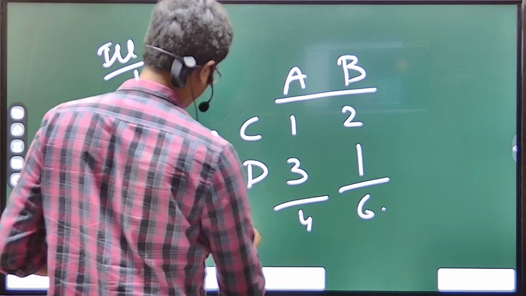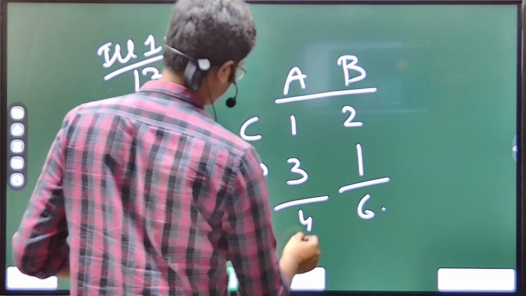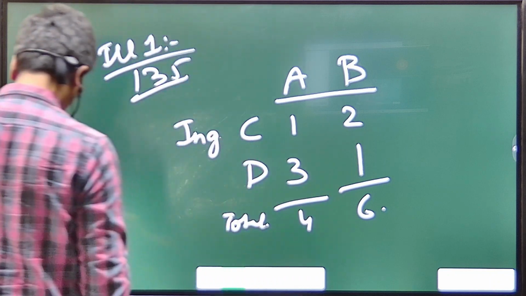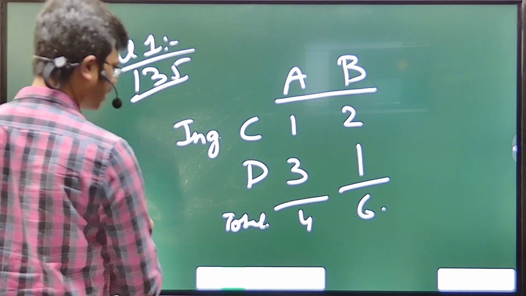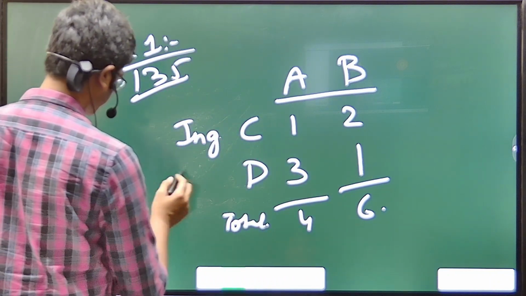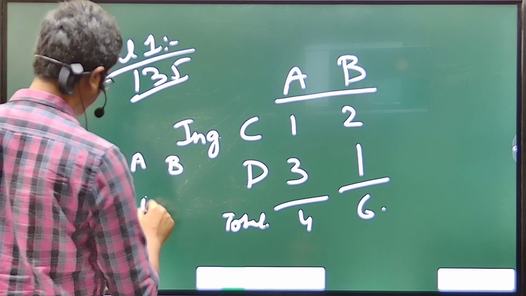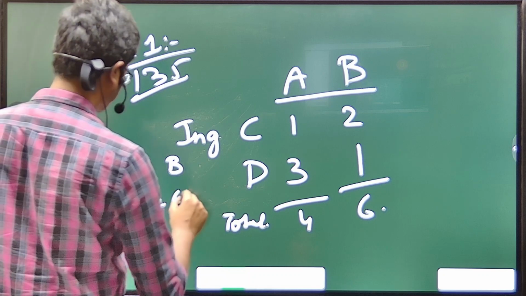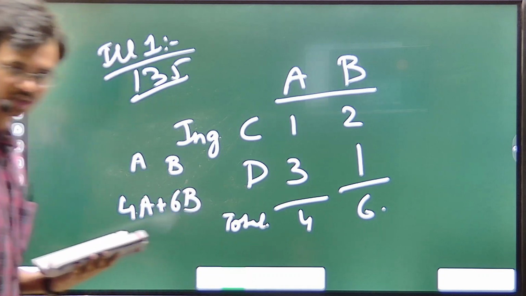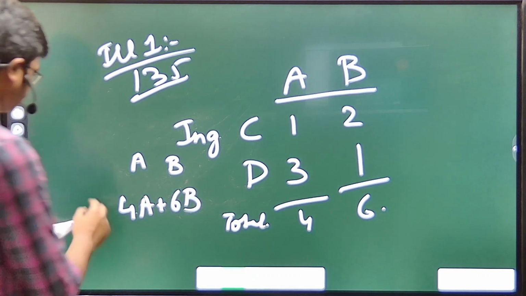So what is your total cost? If you are manufacturing some number of units of A and number of units of B, 4A plus 6B is your total cost. Correct. So you have to minimize that.